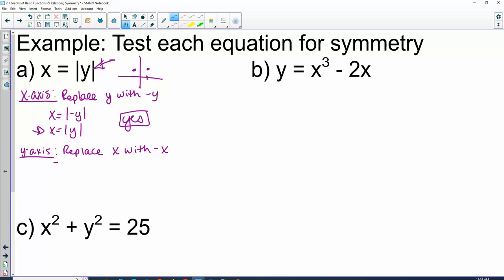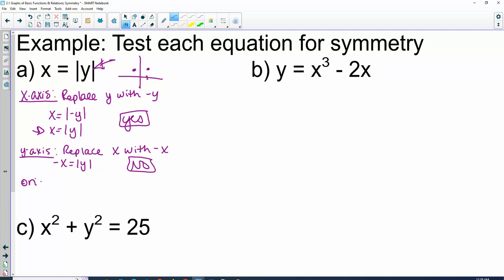If I put in a negative x, okay. Is that the same as my original equation? No. Is there anything I can do to make it the same as my original? No. So this one is not symmetric to the y-axis.